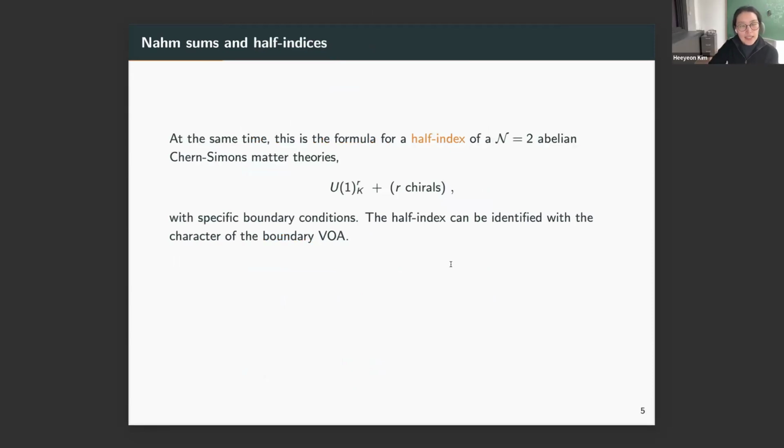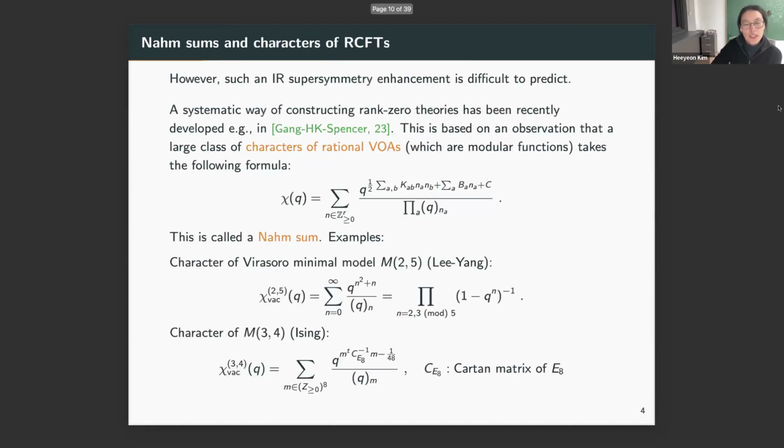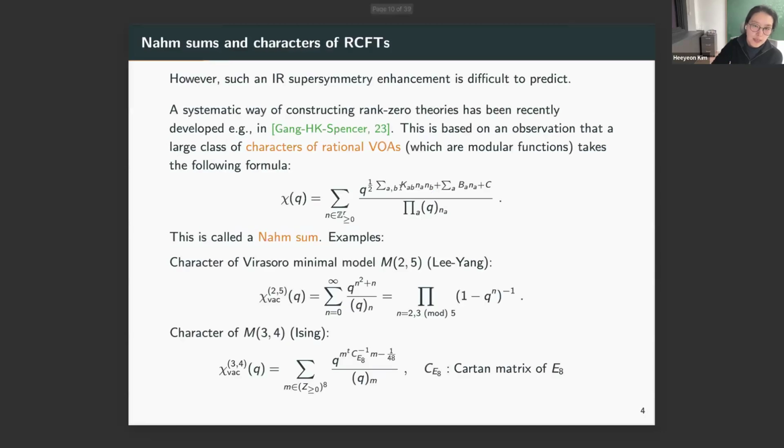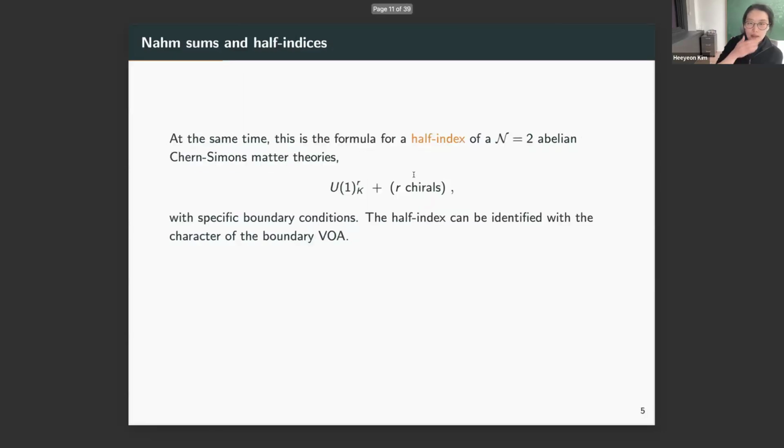And our starting point is that at the same time, the formula that I showed here is also the formula for the half index of an N=2 abelian Chern-Simons matter theory of the following type, where we have the gauge group U(1)^R with the mixed Chern-Simons matrix K, where this K matrix is the same as the matrix K that appears in this Nahm sum formula. And we also have R chiral multiplets, and each of the U(1) factors has exactly one chiral multiplet charged under it.